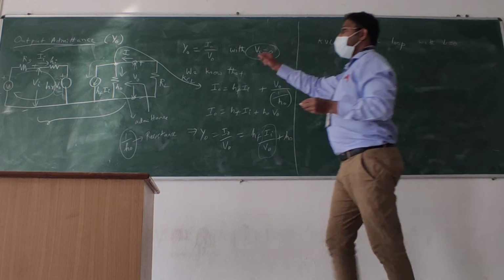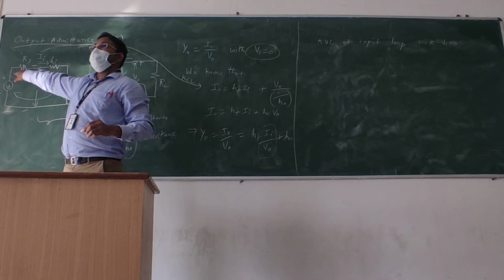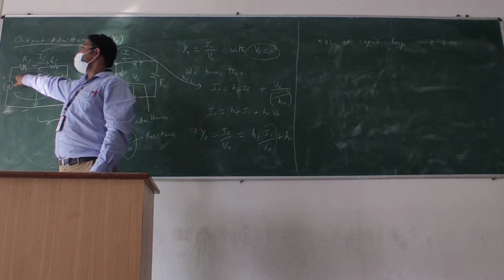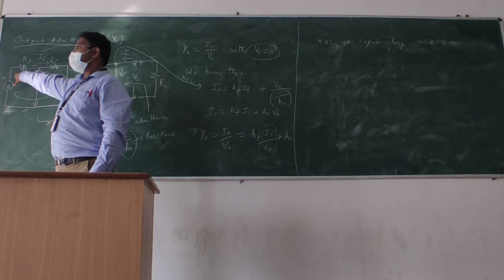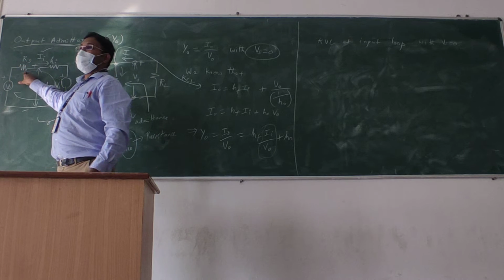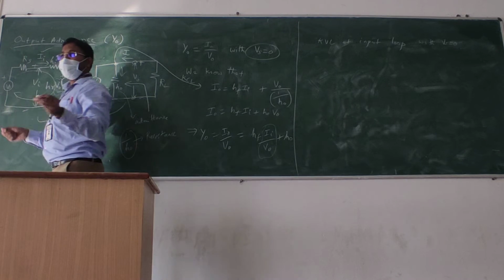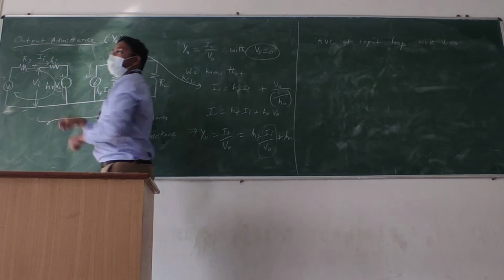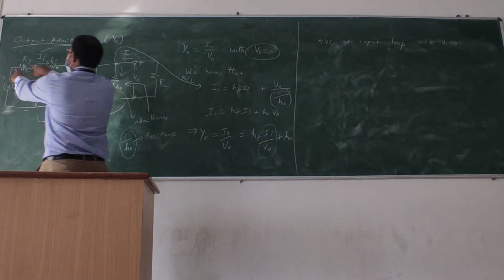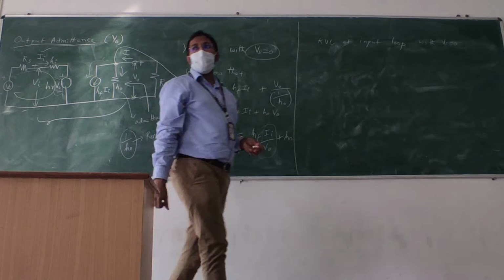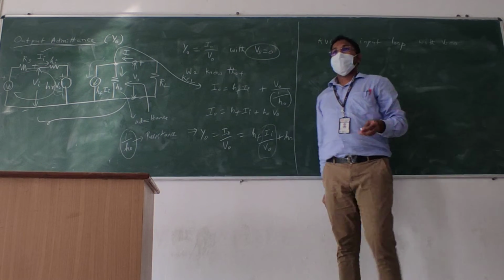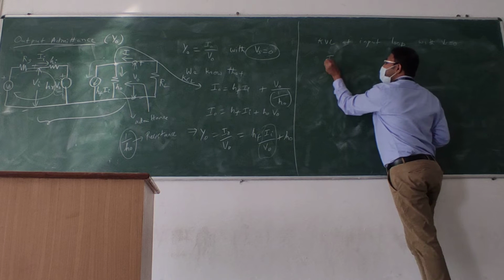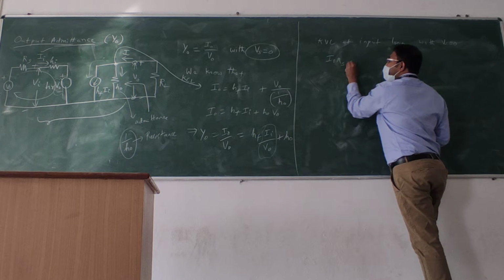So what is the first voltage here? Now we have only 3 voltages. One is across RS, across HI, then this one. What is the voltage across RS? Ohm's law. What is the current going there? II. So II into RS.